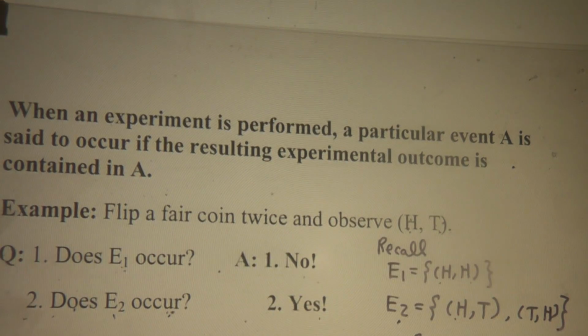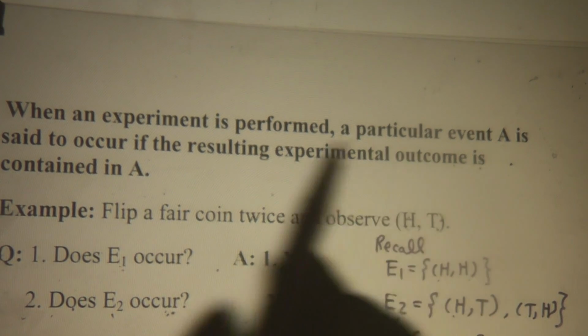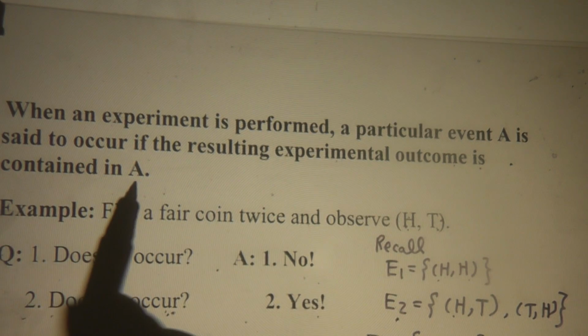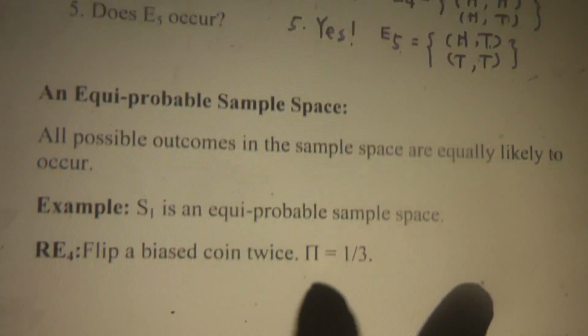So let's review the concept very quickly. When an experiment is performed, we say a particular event A occurs if the resulting experimental outcome is in the set A.